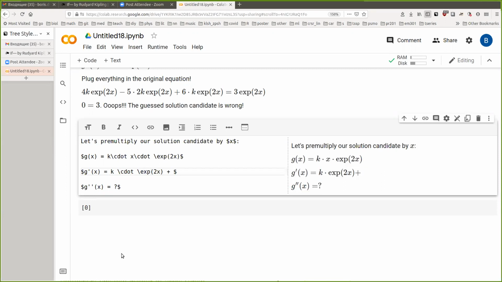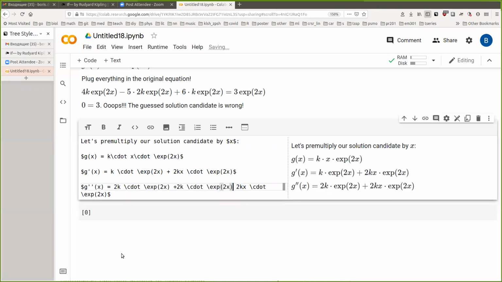And the second one, it's too long. Now let's continue with second derivative, g prime prime. It's 2k exponent 2x plus 2k exponent 2x plus 4kx exponent 2x.